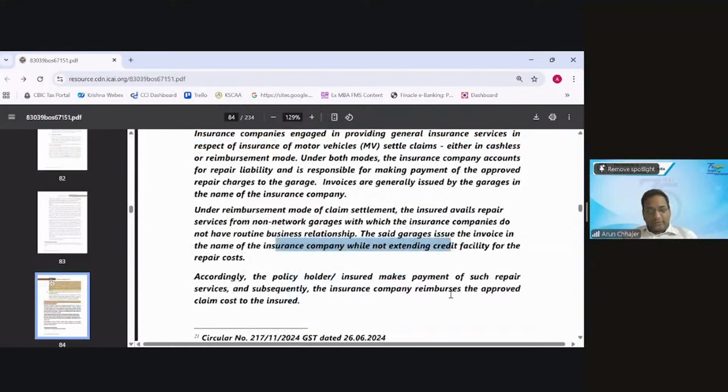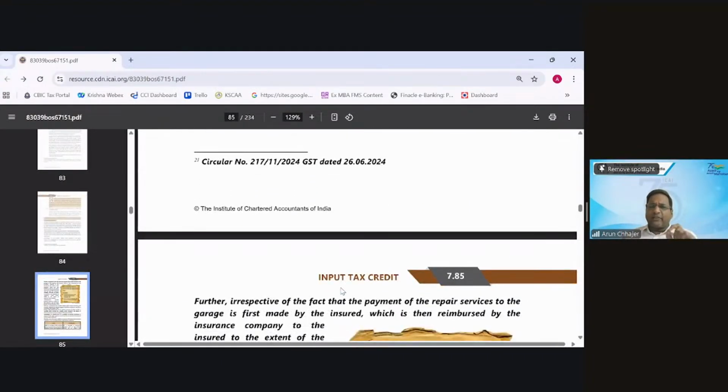the repair cost. Accordingly, the policy holder makes the payment of the repair and subsequently claims the reimbursement to the extent approved.